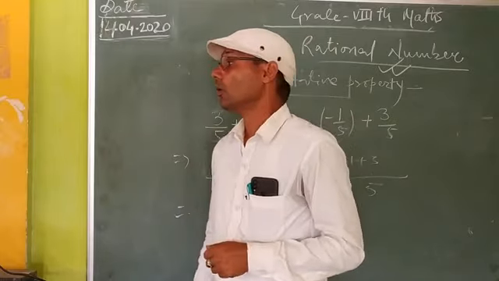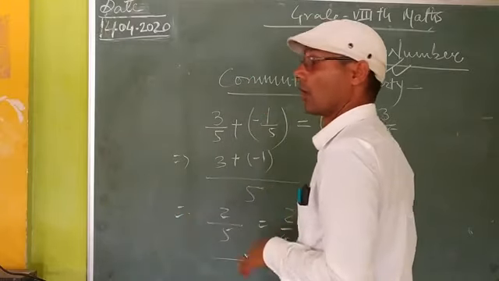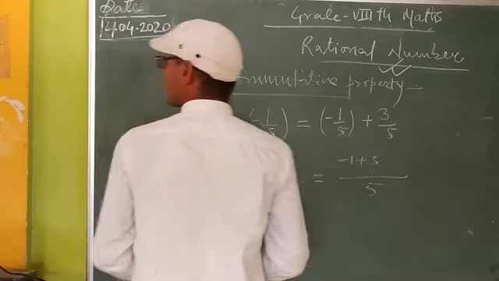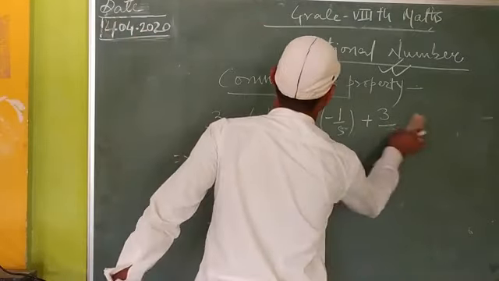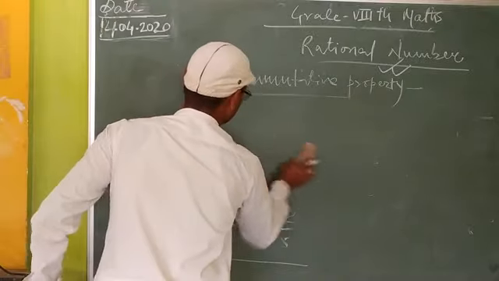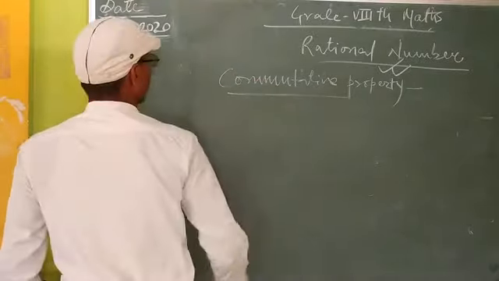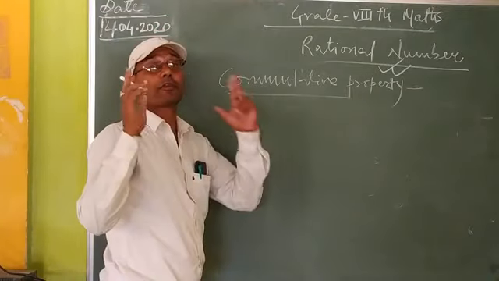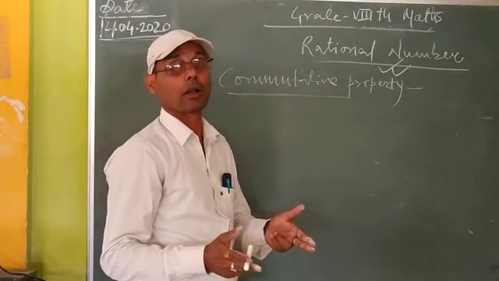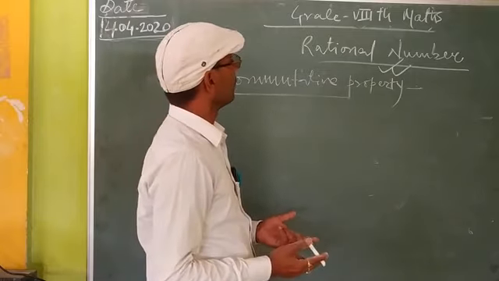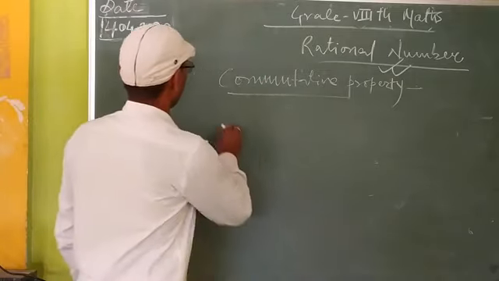Now subtraction. Suppose if we subtract two rational numbers, certainly it will be rational.